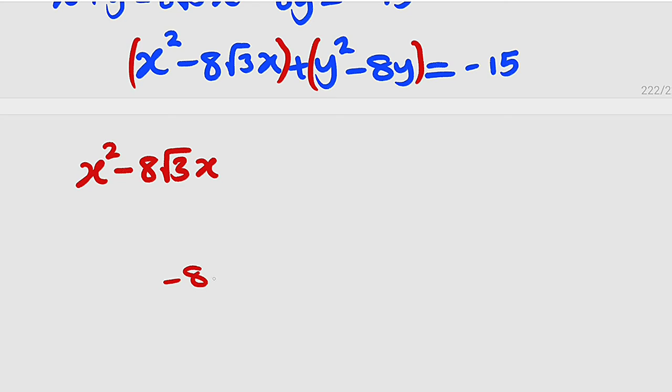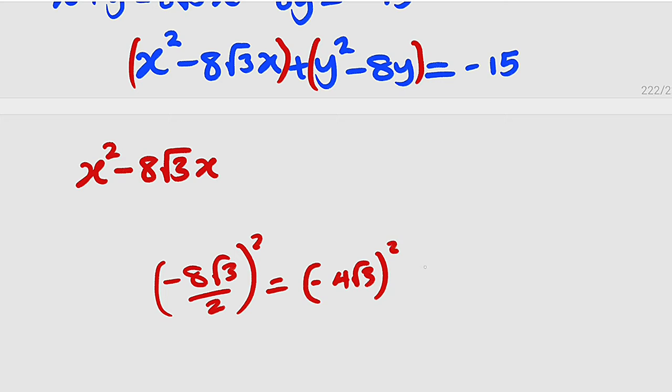That is negative 8 root 3 divided by 2, that is half. And we're going to square that. This will give us negative 4 root 3 squared, and this will give us 16 multiplied by 3, which I believe is equal to 48. Therefore, we are going to add 48 here to make it a perfect square.